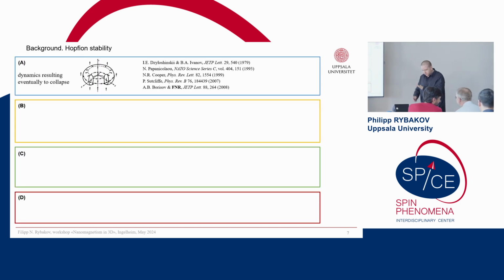So that was a very abstract level. It was about a hopfion in whatever system in our imagination, let's say a mathematical hopfion. Now let's go to magnets. Actually, to obtain a hopfion is an issue.